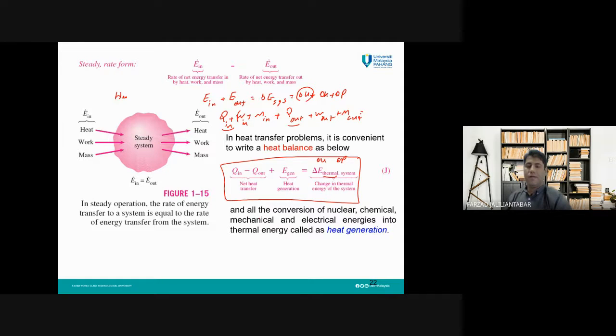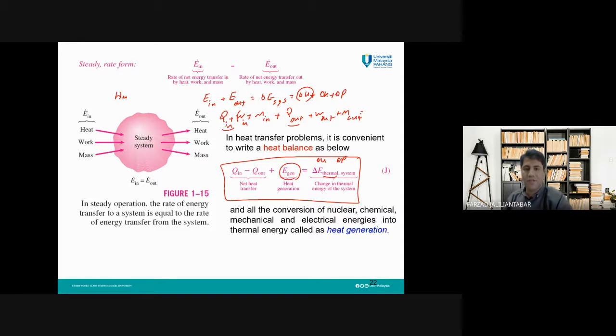And this E generation in the system can be due to different conversions from different types of energy. For example, friction in the system can cause heat generation. A nuclear reaction can cause heat generation. Even electric current flowing through a wire can generate heat.